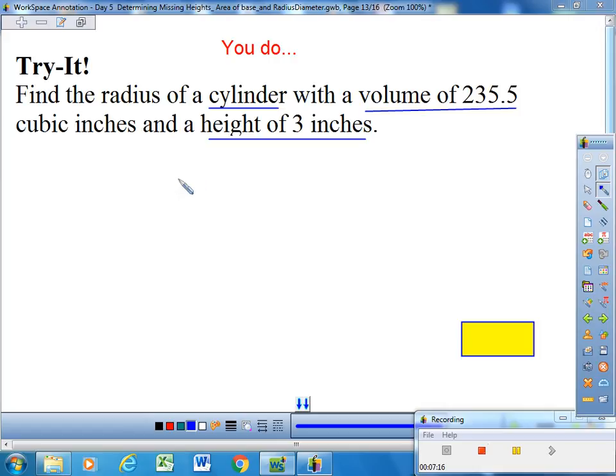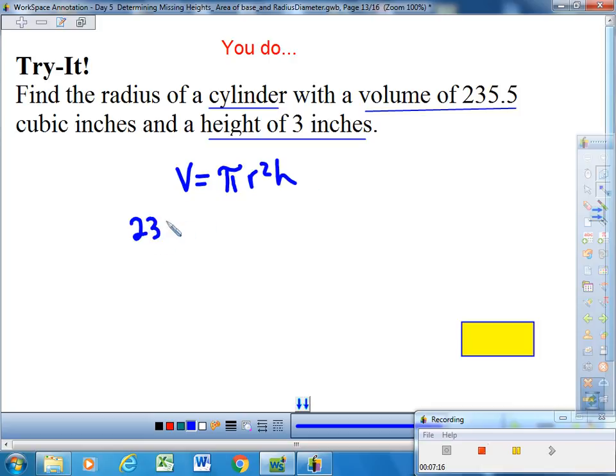Okay, so you should have worked it out. The volume equals pi r squared h. So 235.5 equals 3.14 times r squared times 3. You're not dealing with a cone, so you don't have to worry about multiplying by 3 first.